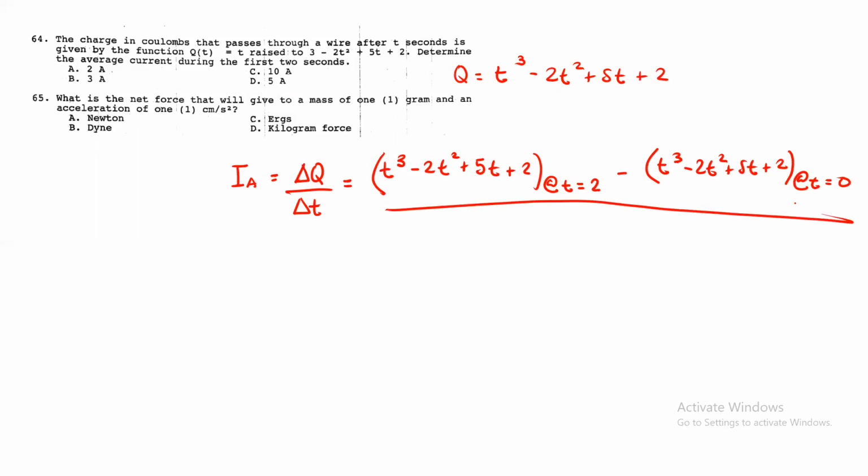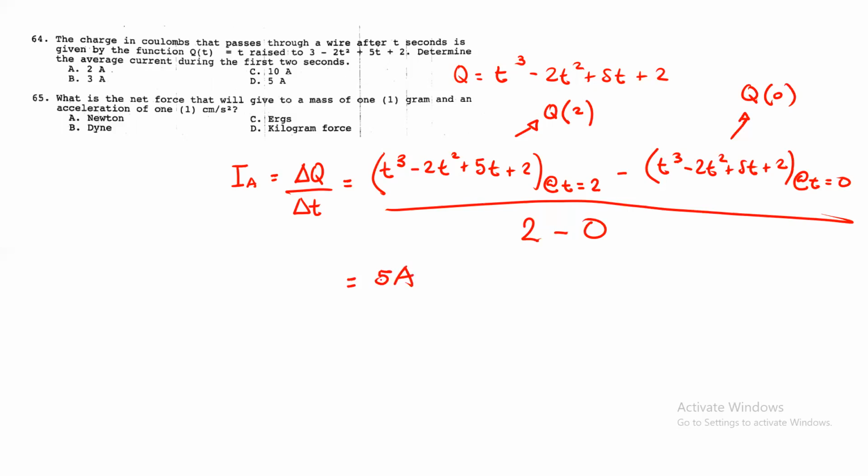Then, divided by yung dalawang times. So, 2 minus 0. So, yan. Kapag average current during the first 2 seconds. So, itong buong to, ito is Q as a function of 2. Itong isa is Q as a function of 0. So, direct sub, makukuha natin dyan. So, substitute mo na yung 2 dito. Substitute mo na yung 0 dito. Makukuha natin is 5 ampere.